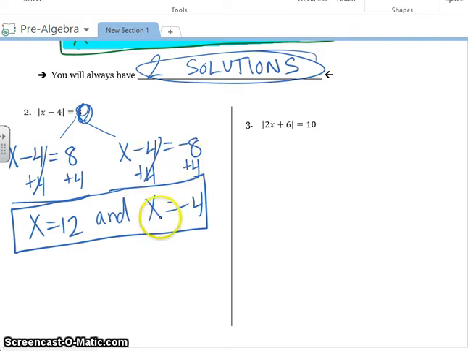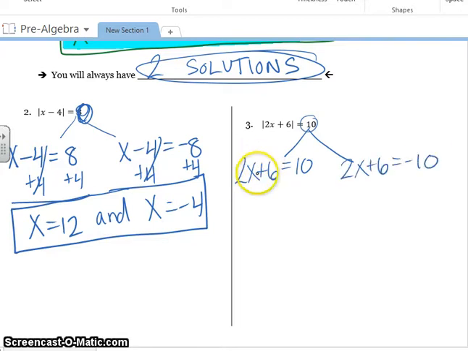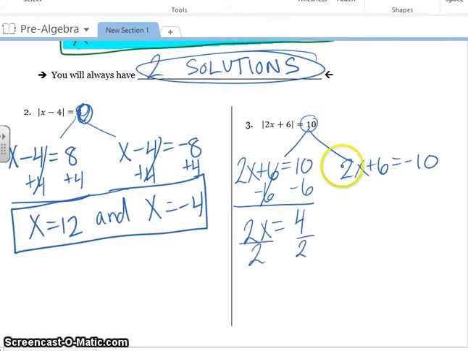Number 3 is the same type of problem. We have the absolute value of 2x plus 6 equals 10. So we're going to set the value inside the absolute value to positive 10, and then also to negative 10. For that first one, we'll subtract 6 from both sides to get 2x equals 4, and divide both sides by 2.